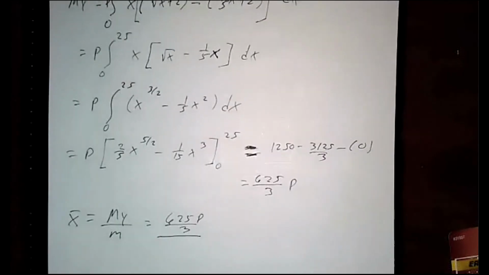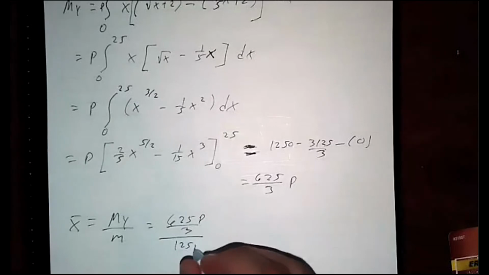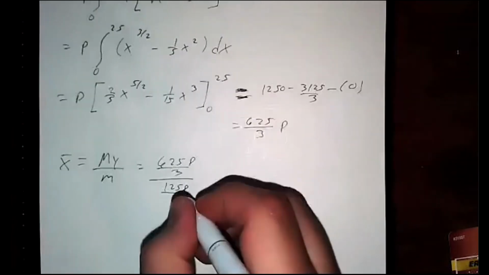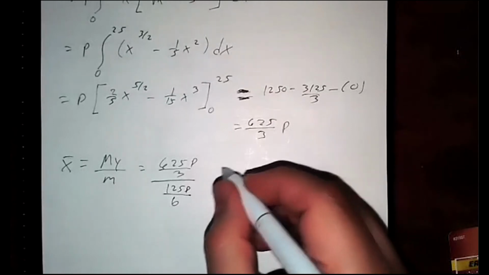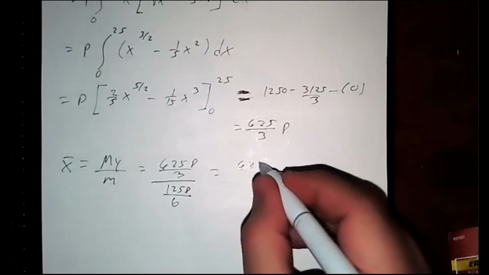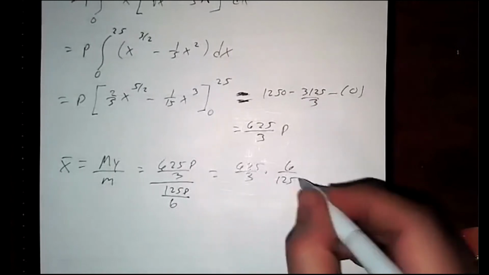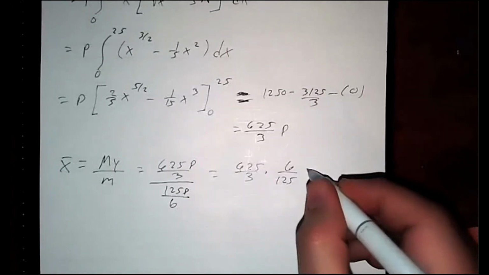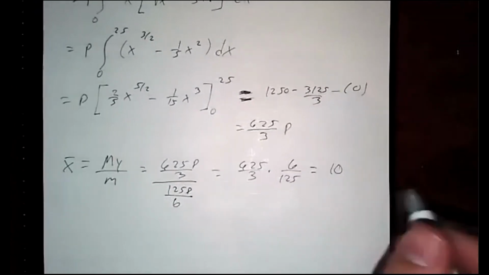What was it? Oh, yeah. So 125p over 6. So we get p's again cancel, leaving us with 625 over 3 times 6 over 125, which will become 10.